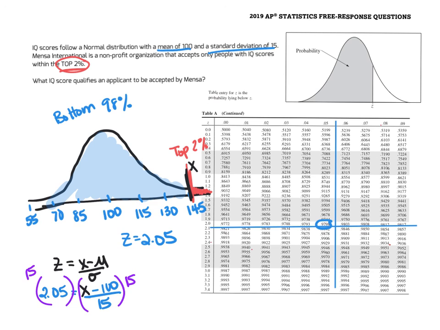I get 30.75. That equals x minus 100. Solve for x, I'm going to add 100 to both sides. And I get x is equal to 130.75. Now, that means that if a person scores somewhere out here, that's going to put them into the top 2%. So my x is equal to 130.75.